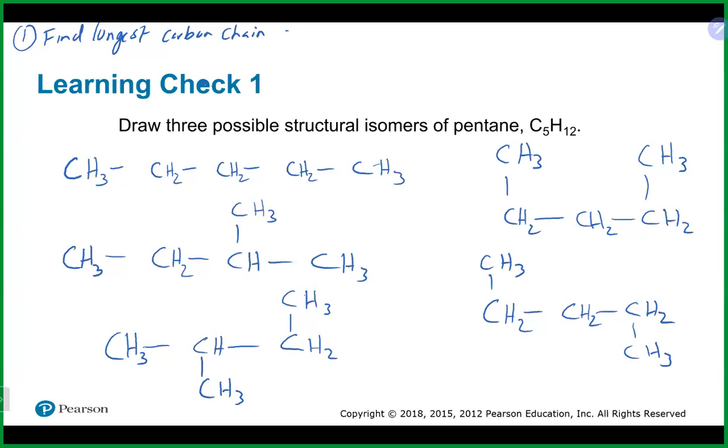Once you do that, you want to find the groups that are attached to it. You want to number the chain to give the groups the smallest number.